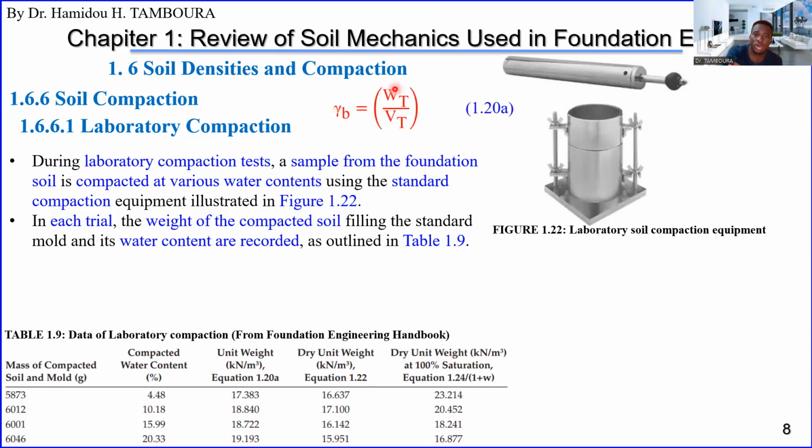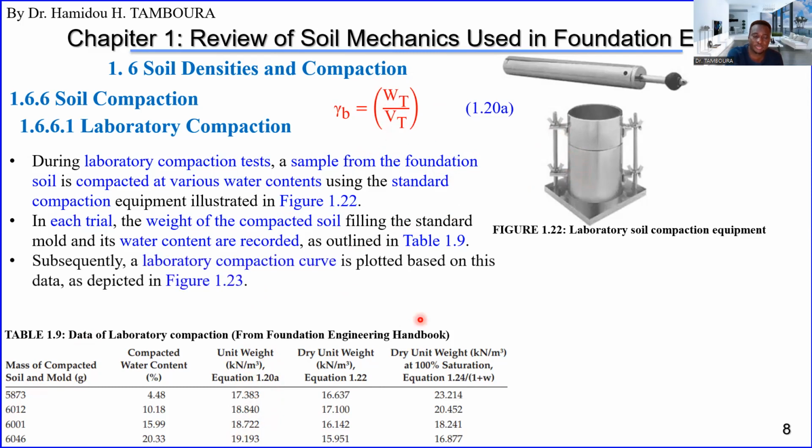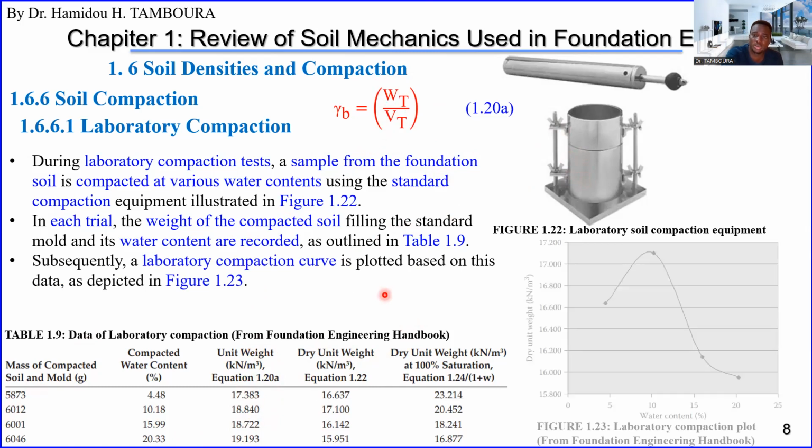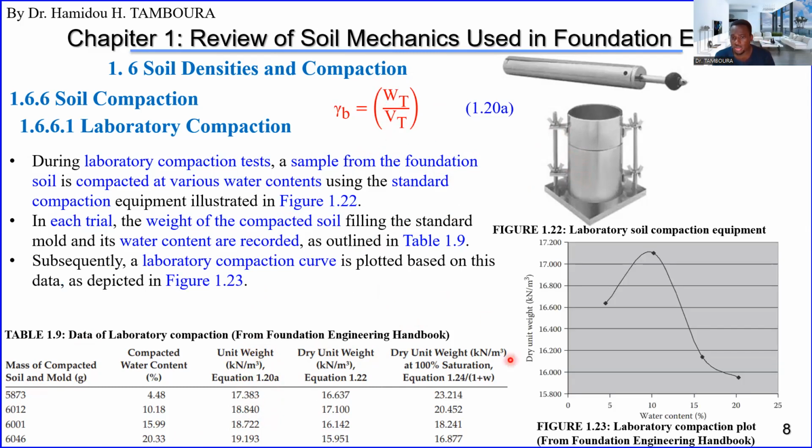The bulk unit weight is given by this formula: the total weight divided by the total volume of the mold. After obtaining this, you can then make a graph like this, the water content versus dry unit weight.